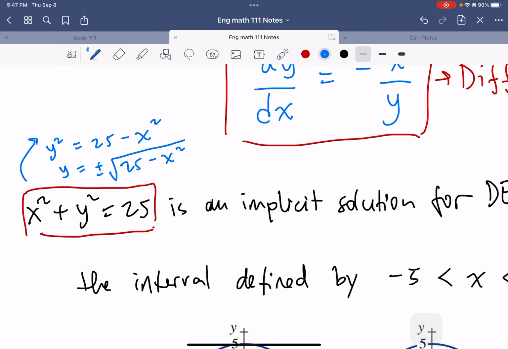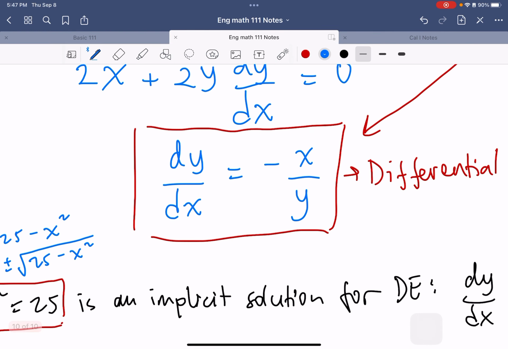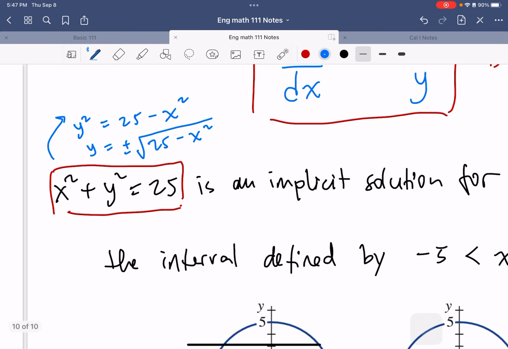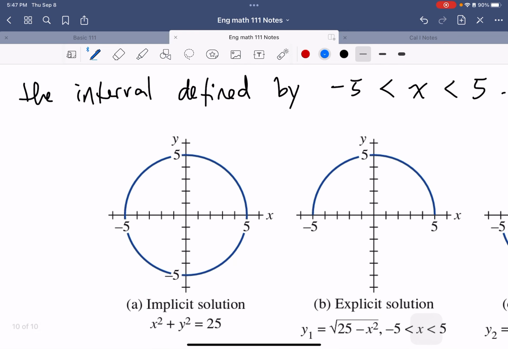By doing this, you can actually use the same differentiation technique as usual with the square root, and then you have plus minus. And if you imagine the visuals, if we reverse that, the question is asking what is the solution for this DE, we can imagine that we can get the whole circle directly through implicit differentiation, or we could have the positive and negative parts from the plus minus square root of 25 minus x squared.